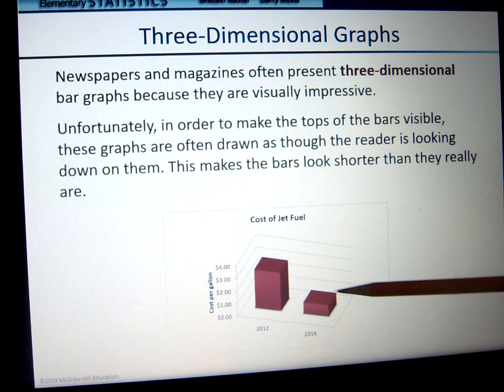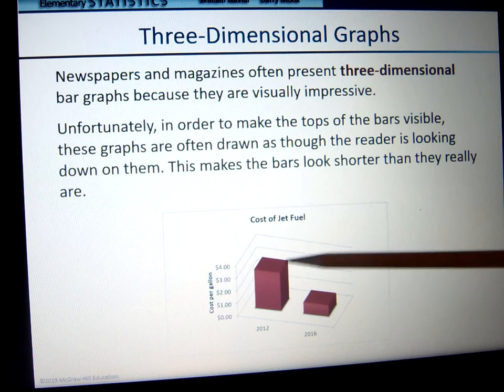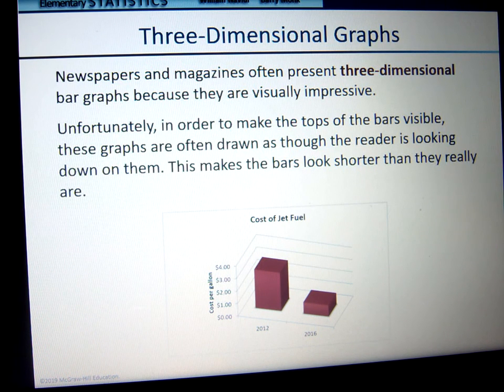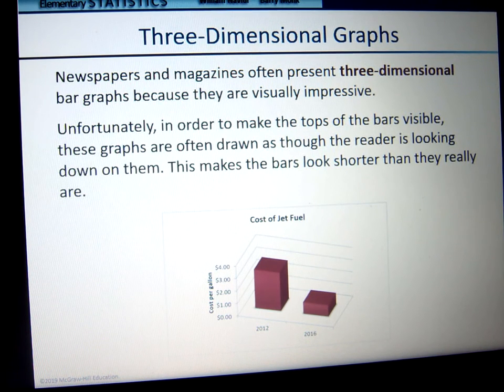And we were saying that the widths in a bar graph don't matter. Now, what we want to compare is the height. So, unfortunately, to make the top of the bars visible, these are usually drawn so that the reader's looking down on them, and it makes the bars look much shorter than they really are. So, three-dimensional graphs can be misleading.